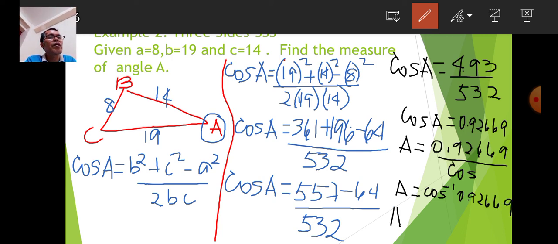So therefore, angle A is equivalent to, press the second function or shift and then cosine and the number 0.92669 in your calculator, and you will have 22.075. Rounding it up or converting it to degrees, you will have 22 degrees. So angle A is now 22 degrees.